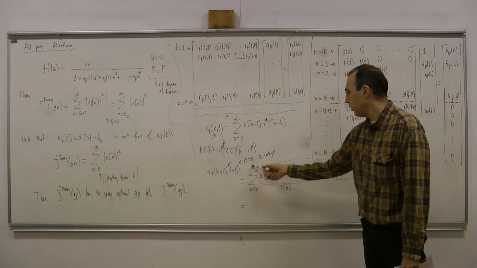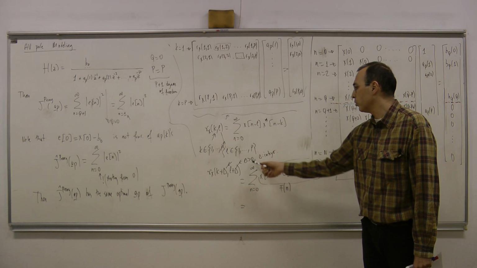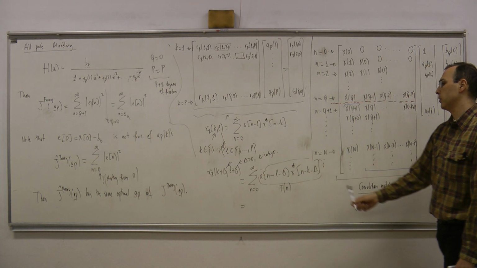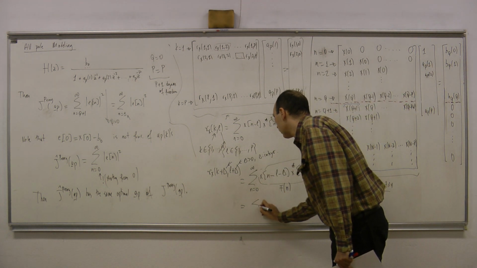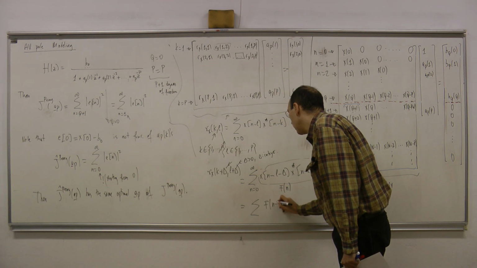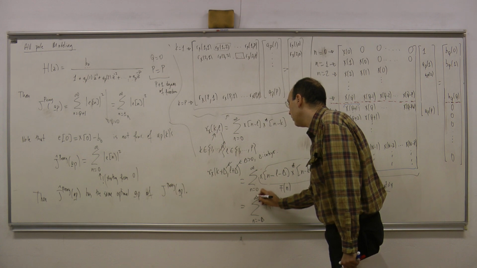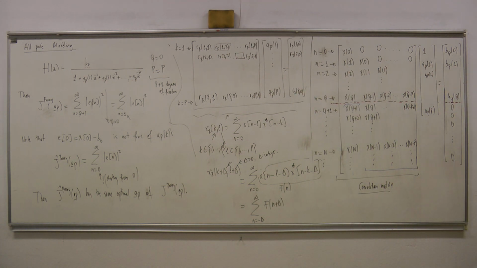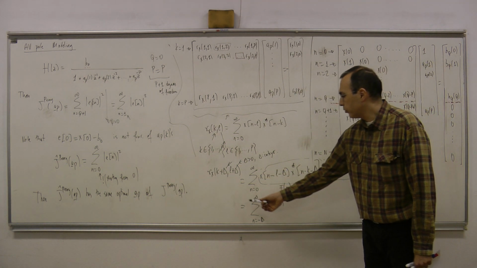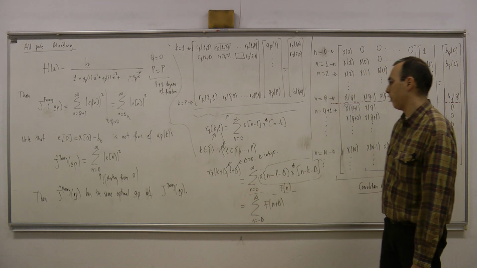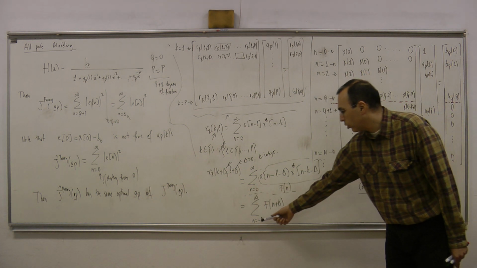So I'm adding only fn's from 0 to infinity, f0 plus f1 plus this. About doing this, I'm writing f n plus delta, but n is starting from minus delta to infinity. So do you see that the end result of these two summations is the same?